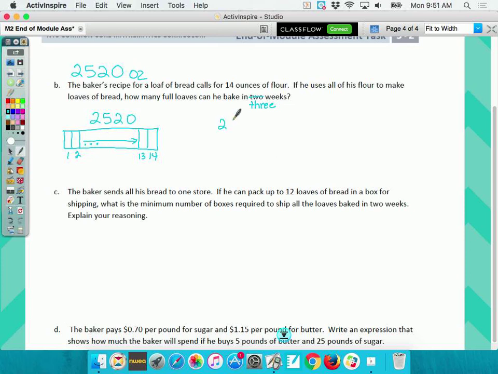So 2,520, write it down. And we're going to divide by 14. Okay? What should we skip count by? 15. Yep.